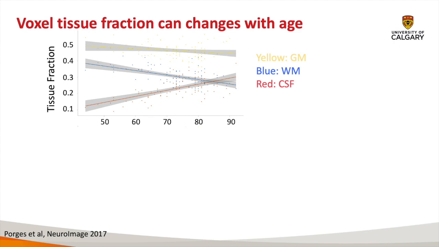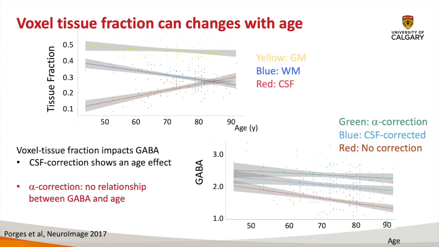So in this study, we compared three different approaches to performing tissue correction. The first is just not doing any correction, and that's shown here in red. We see this really significant relationship between GABA and age, which is maybe not surprising, because if there's more CSF in that voxel, there's less tissue to measure GABA in, so there is less GABA with age.